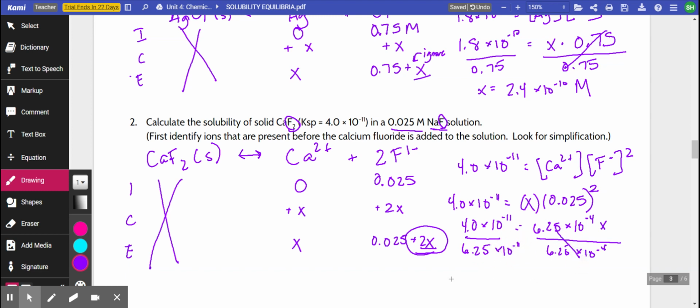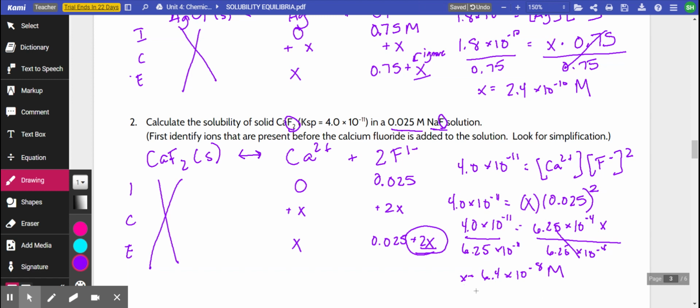And so this would be for the calcium ion concentration, x is equal to 6.4 times 10 to the negative 8th molar.